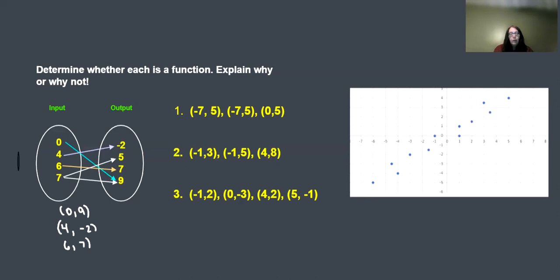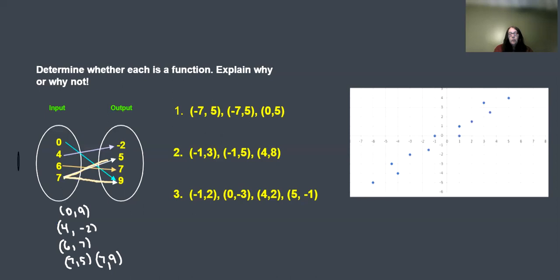And then 7 is the input, and 5 is the output, but also when 7 is the input, 9 is the output. So we can see here that this 7, this input, goes to two different outputs, here and here. Therefore, this is not a function.